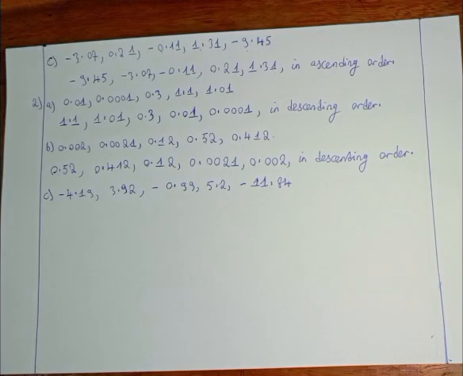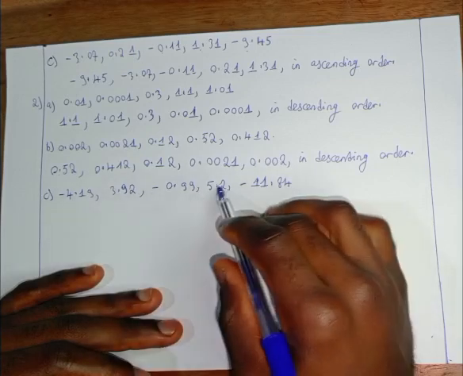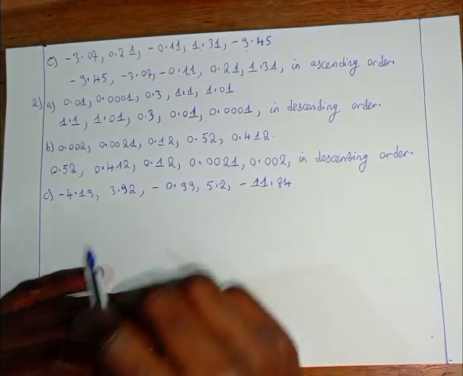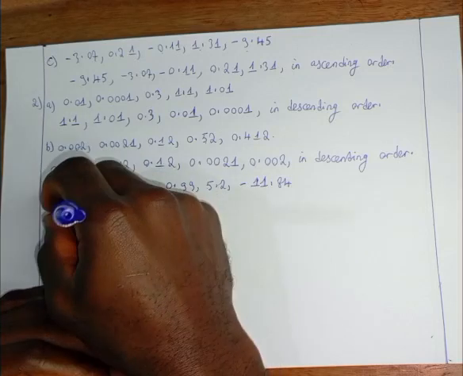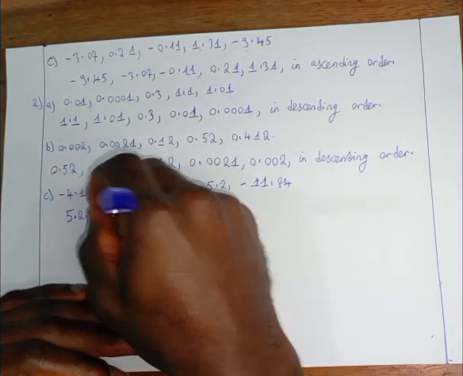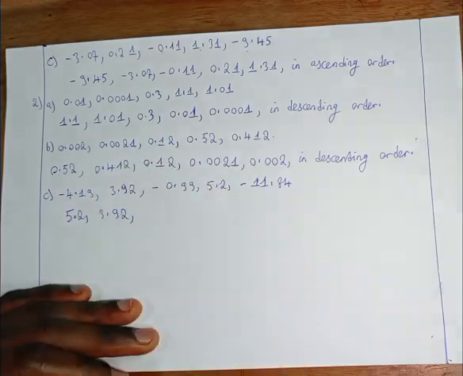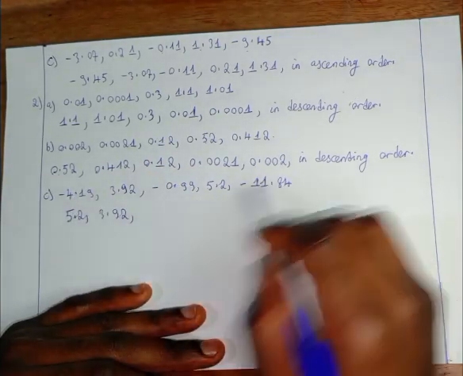We know all negative numbers are less than positive numbers. So now for us to get the biggest, we are going to compare these two positive numbers. Here the whole number part is 3, here it is 5. So the biggest will simply be 5.2 followed by 3.92.